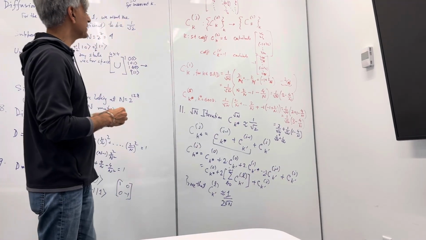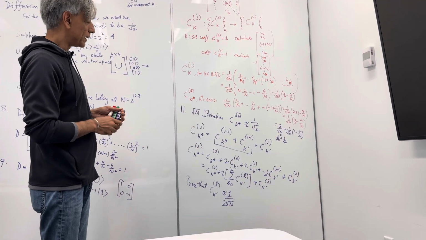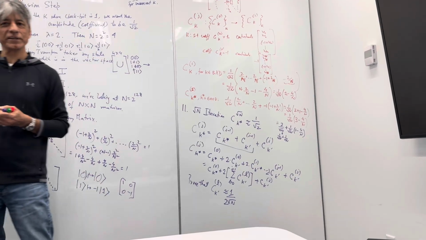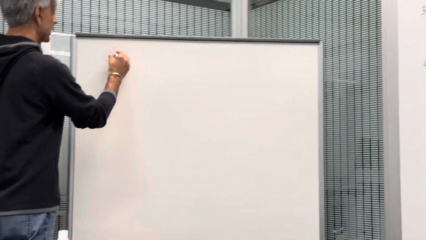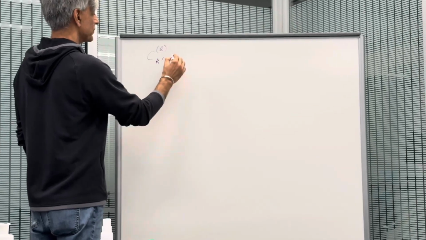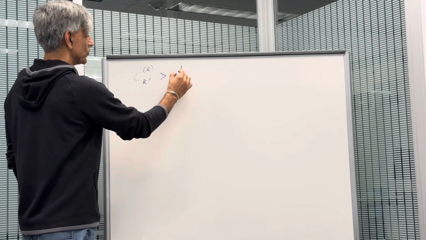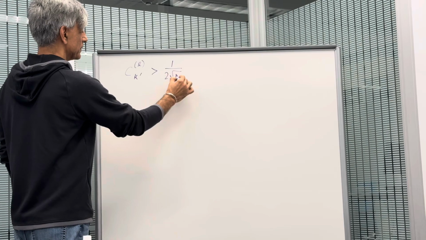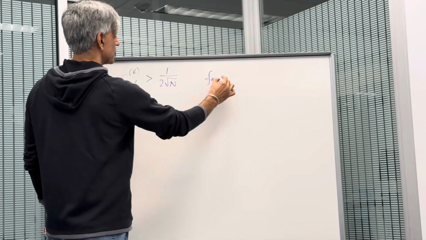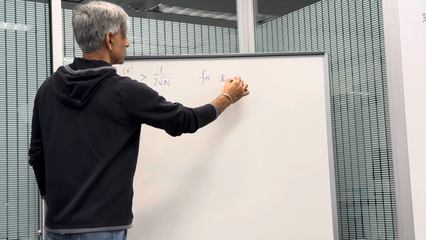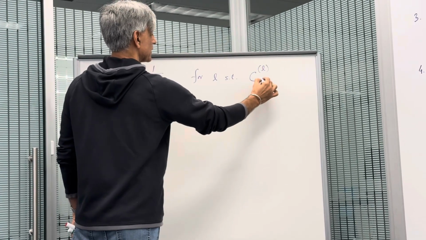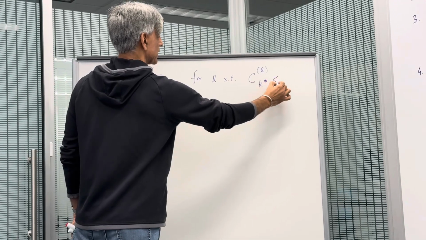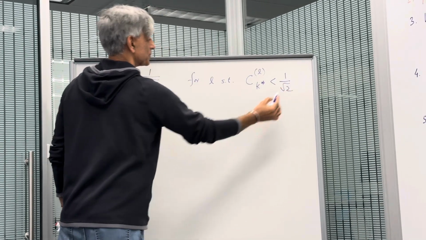So to complete the argument, we can do it over here. We have to show that CLK prime is greater than or equal to 1 by 2 square root n for L such that CLK star is less than 1 by square root 2.